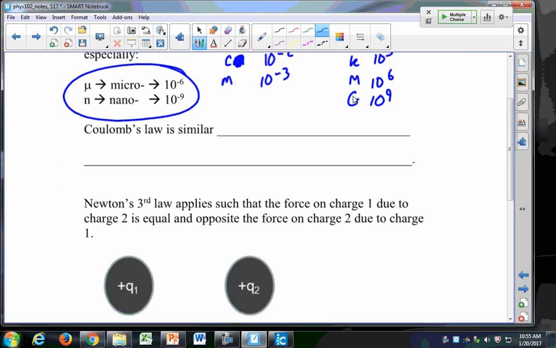And as I said, Coulomb's law is similar in form and action to Newton's universal law of gravitation. That means the equation is similar in form, and also how it acts. It's an inverse square law, and it depends on these charges.